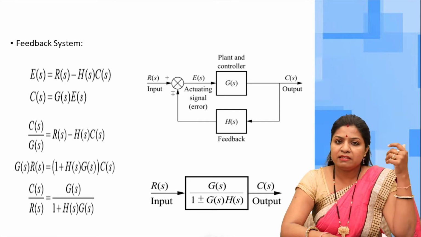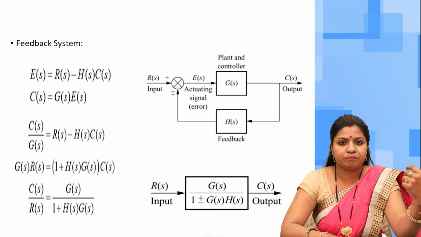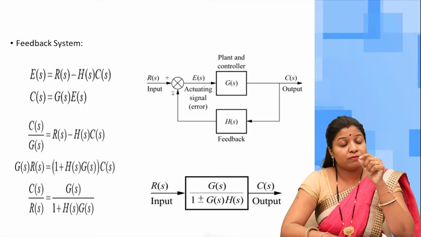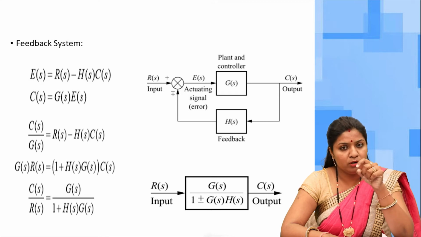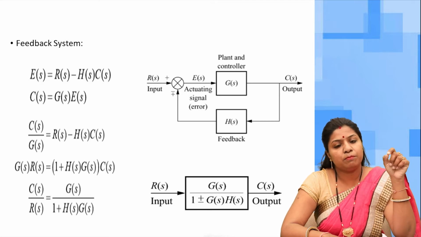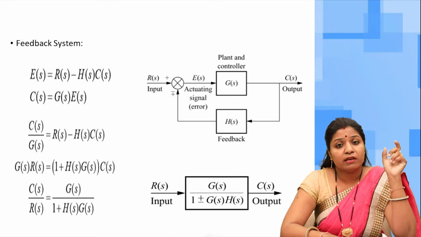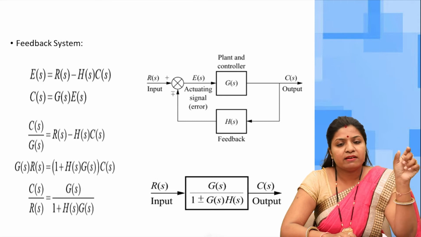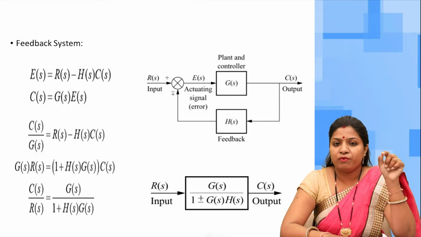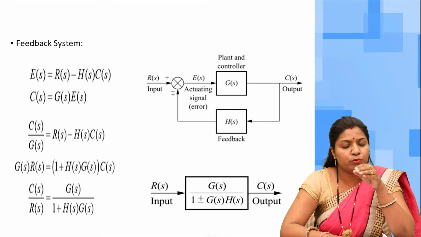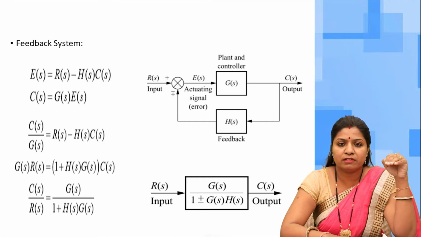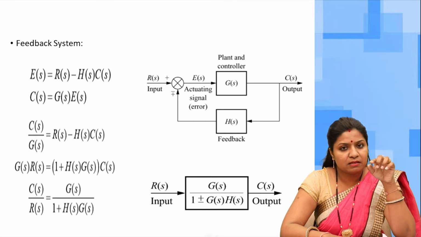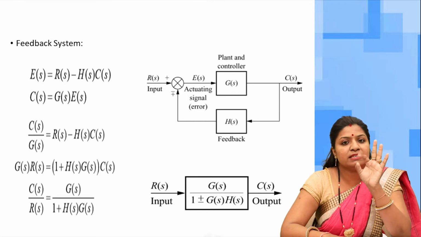You can also see the derivation of this formula. It is very easy. When we take a part of the feedback from the output, a copy of the output, it is represented with the help of E(s), the error signal. Where is it coming from? It is coming from the output, through H. So E(s) equals R(s) minus H(s) into C(s).